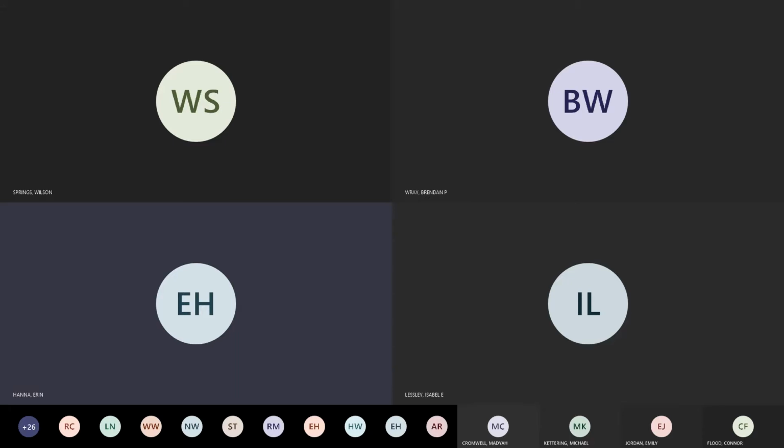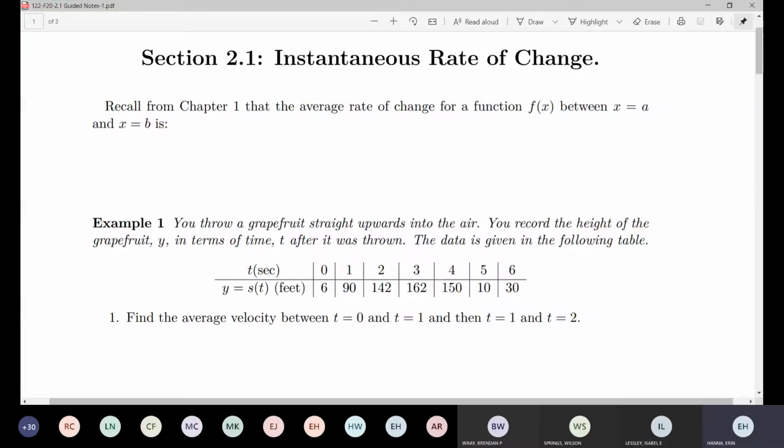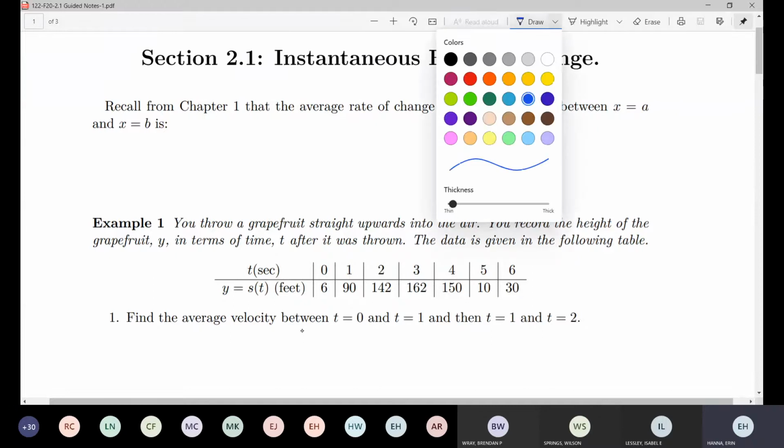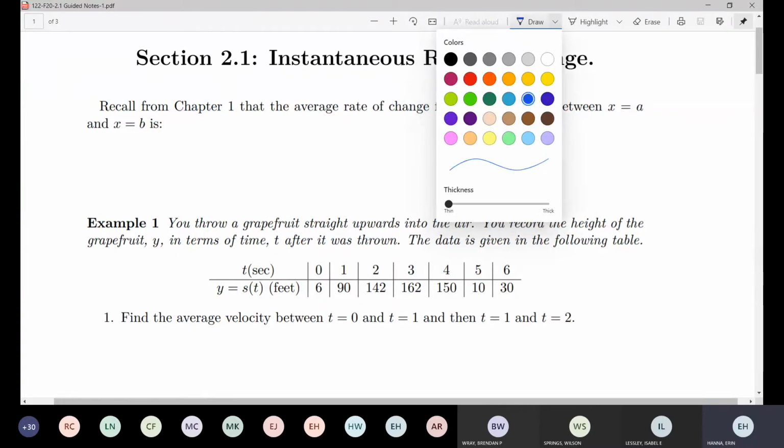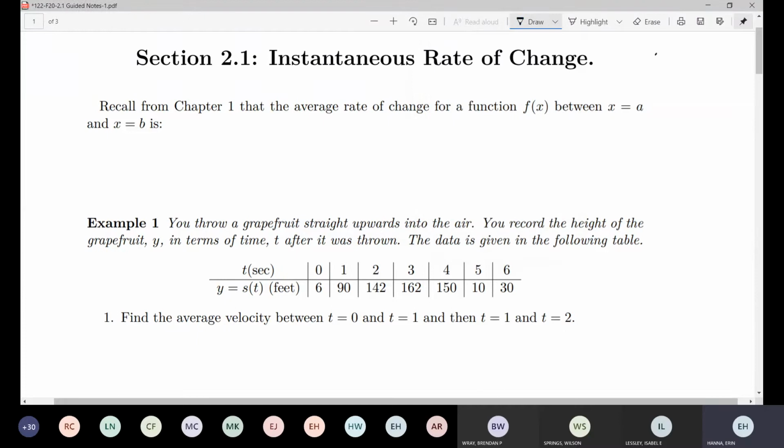Okay, so instantaneous rate of change. Recall from chapter 1, technically from section 1.3, the average rate of change between x equals a and x equals b for a function is f of b minus f of a all over b minus a.